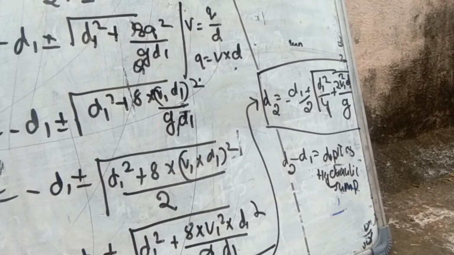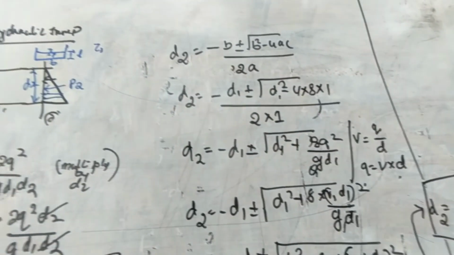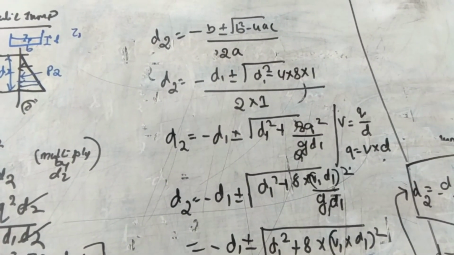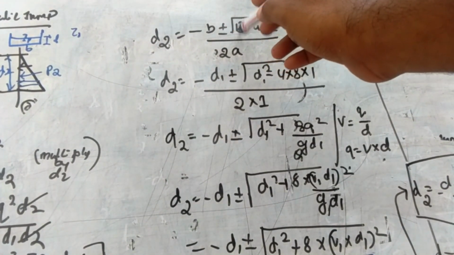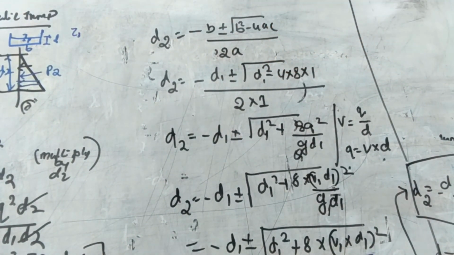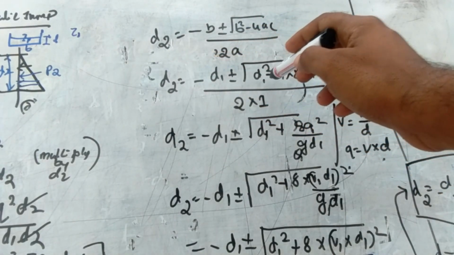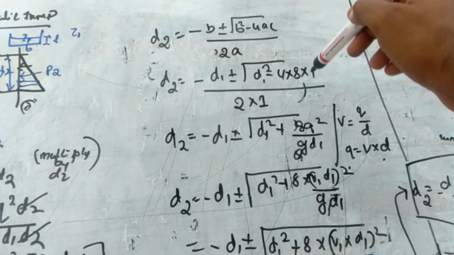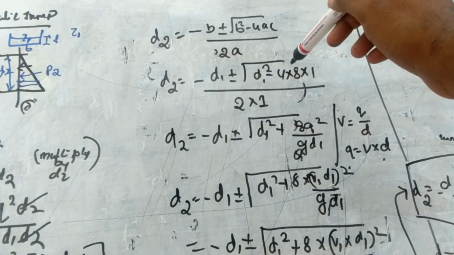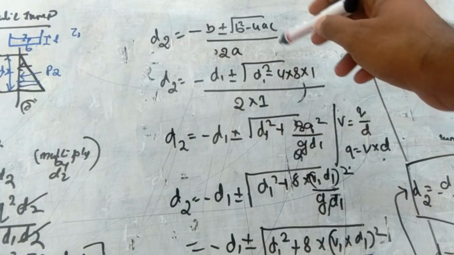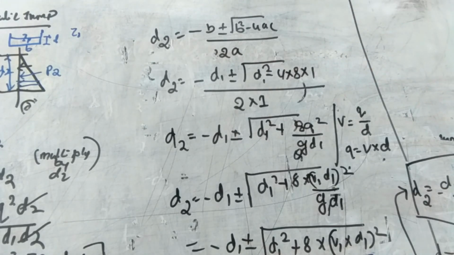So here, what I am going to tell you, I will explain again. d2 is equal to minus b plus or minus root of b square minus 4ac divided by 2a, so d2 is equal to minus d1 plus or minus root of d1 square plus 8 q square by g d1, where a is equal to 1, and 2 into a is equal to 2 into 1.